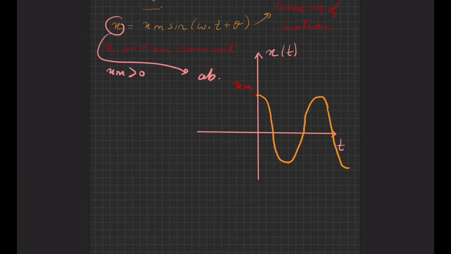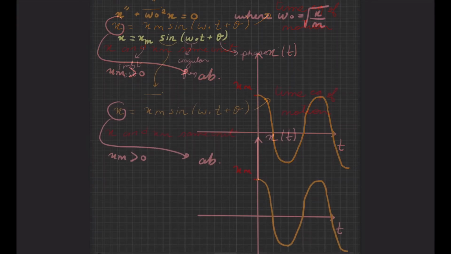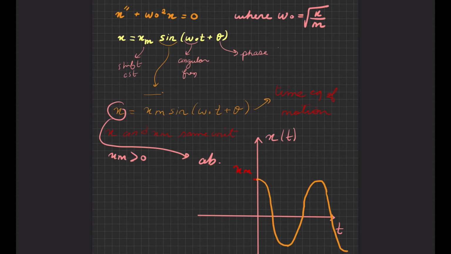Now let's study the characteristics of this simple harmonic oscillator. So we know that an oscillatory motion has a period and a frequency. We are going to call them a proper period and a proper frequency because we have this proper angular frequency, omega 0.